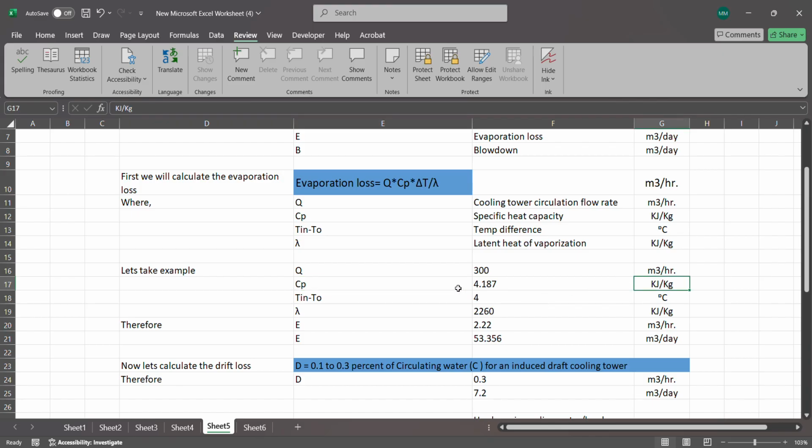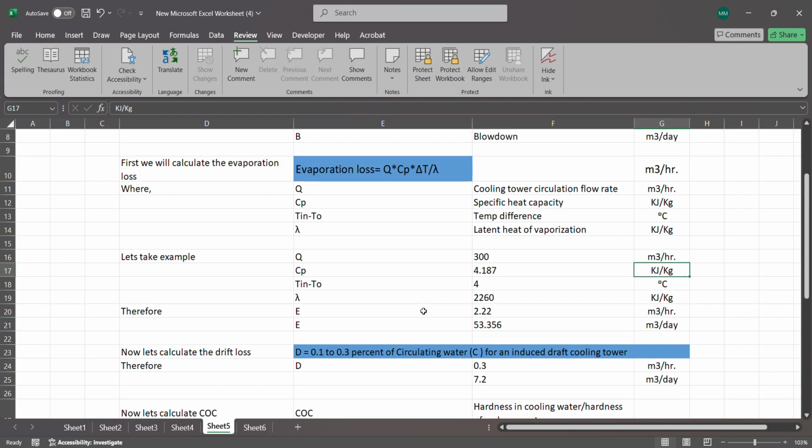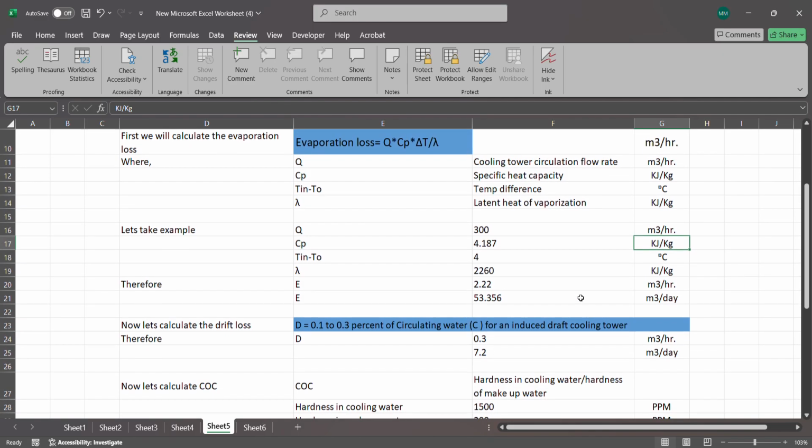Let's say the cooling tower temperature in is 33 degrees Celsius and the out temperature is 29 degrees Celsius, so the difference is 4 degrees Celsius. Lambda of water is 2260 kilojoule per kg.